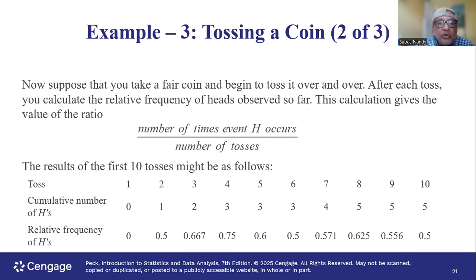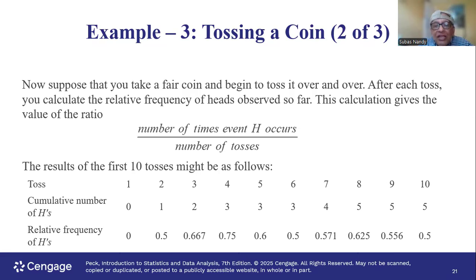So now suppose that you take a fair coin and begin to toss it over and over. After each toss, you calculate the relative frequency of heads observed so far. This calculation gives the value of the ratio, the number of times the event H occurs divided by the total number of tosses. On the top row you have the tosses 1, 2, 3, 4, 5 going all the way up to 10.